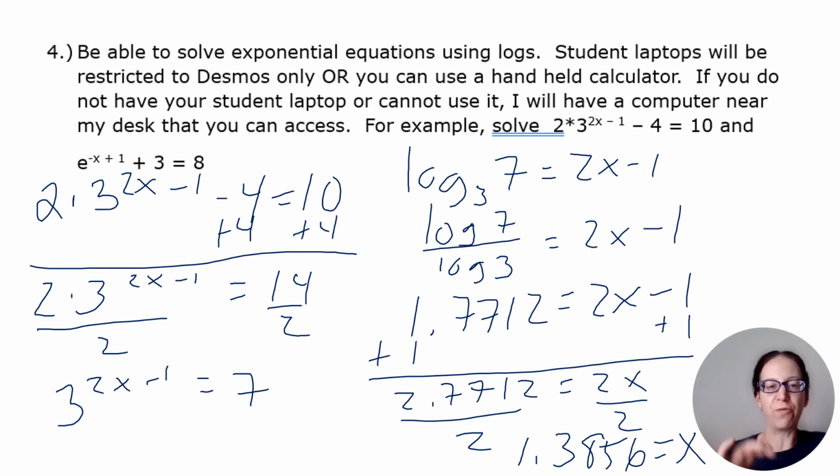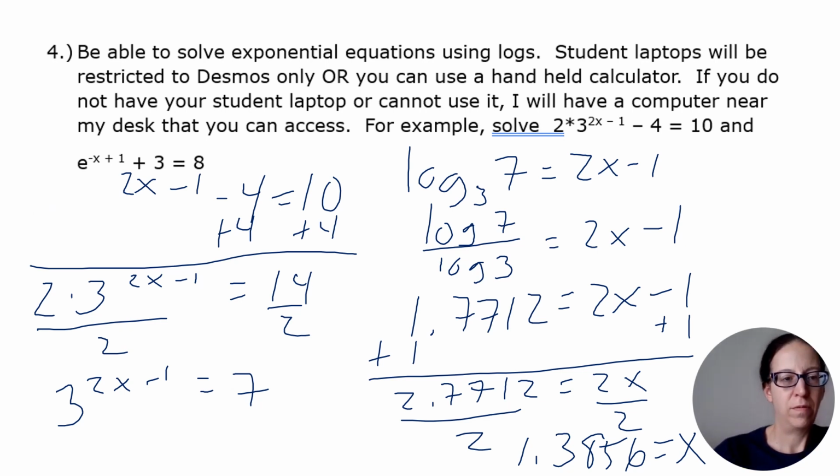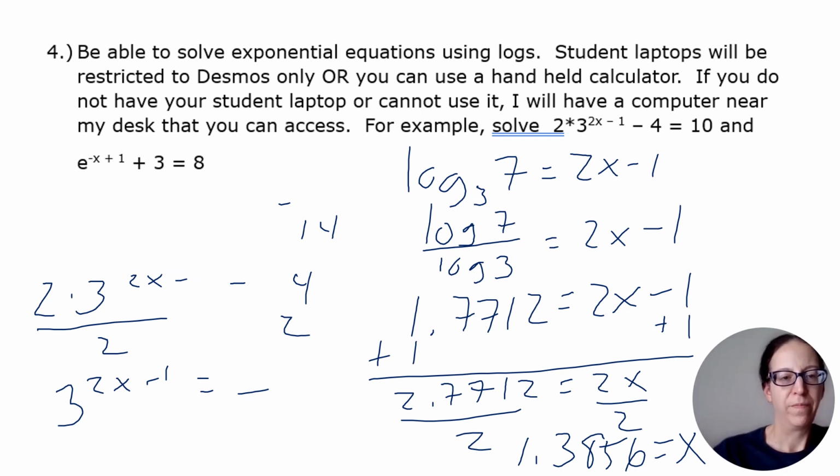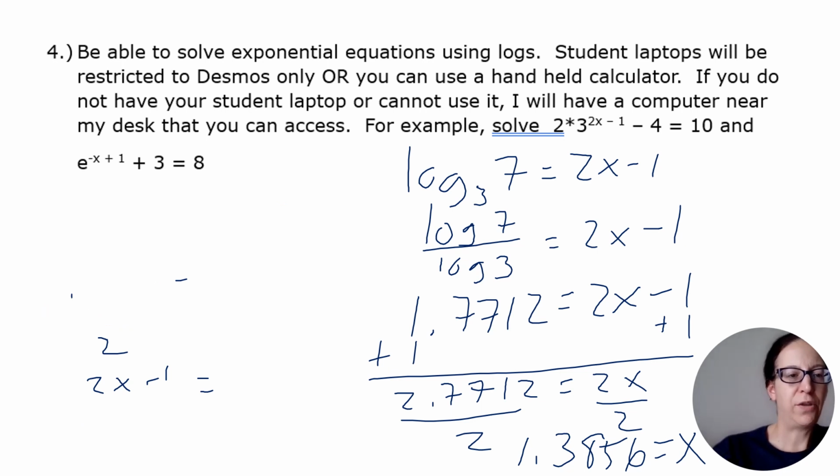Because I am going to erase it imminently to work the next problem. All right, so the next problem is a natural exponential, which means we can use a natural log.